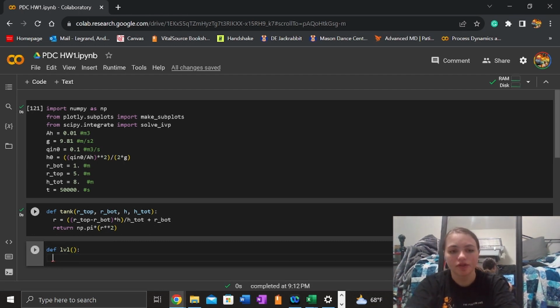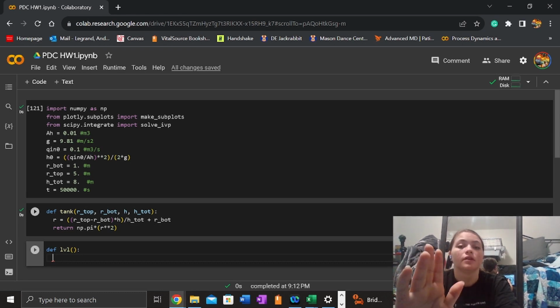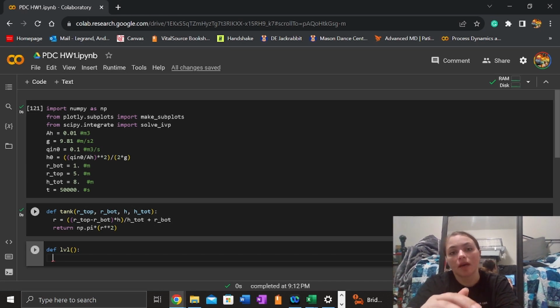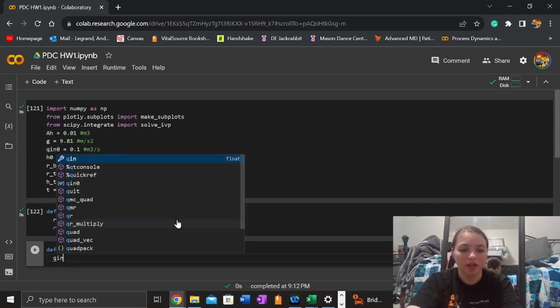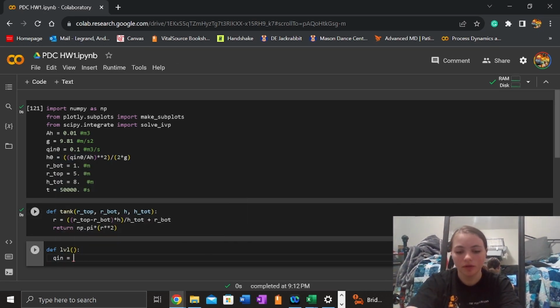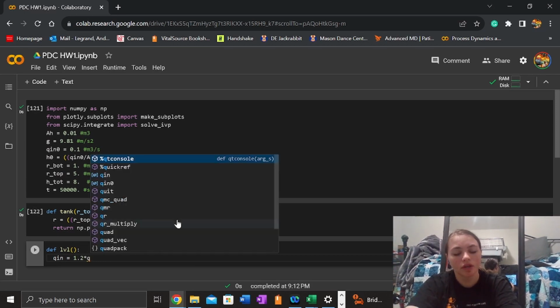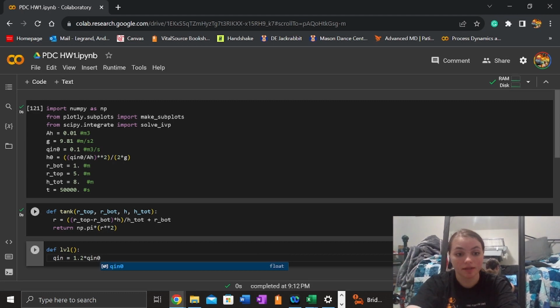All right, so as I stated before, we're looking at this so that our flow rate is increasing by 20% from our initial. So that means that we have to multiply our initial Q value by 1.2 because there's 100% and then we're adding an additional 20, so 1.2. So we have our Q in is equal to 1.2 times Q in naught.